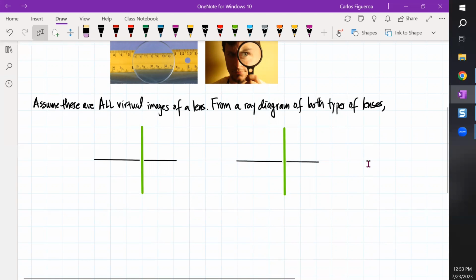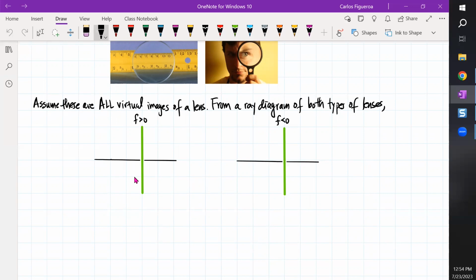The only way we can have an image that's diverging, that's virtual, is if the object is going to be inside the focal point.